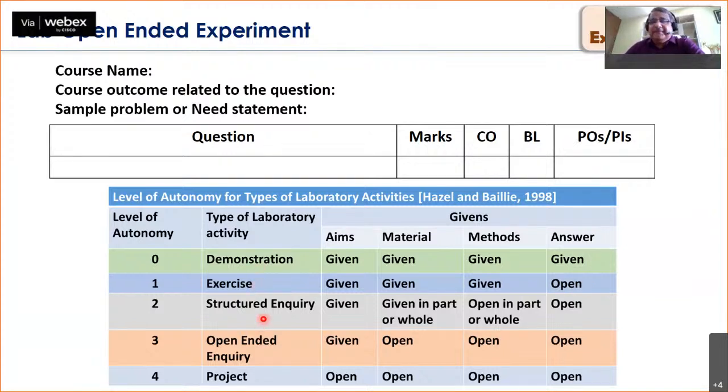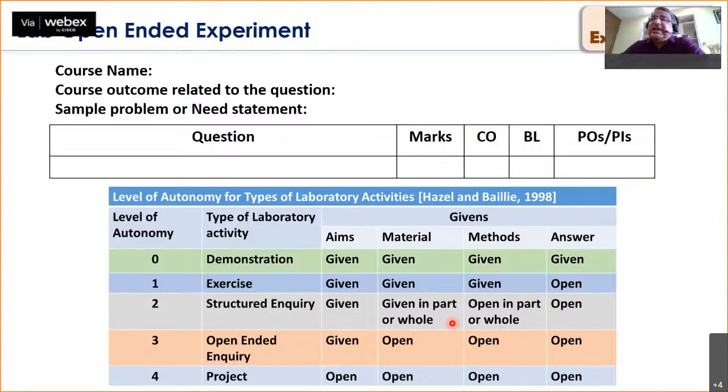Next is structured inquiry. Here the aim and apparatus will be the same, or with slight modification of the apparatus, whereas the procedure and answer will vary. Again, for the same diesel engine, the procedure will remain the same, but you ask one batch to conduct the experiment with a diesel injection pressure of 190 bar, the second at 210 bar, 230 bar, 260 bar, like that.